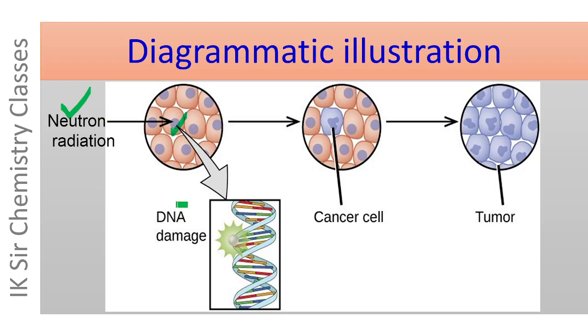That is, DNA is damaged, and this cell becomes cancerous, and its mutation leads to formation of a number of cancerous cells, which appear in the form of tumor. Thus, neutron radiation can cause cancer in human beings.